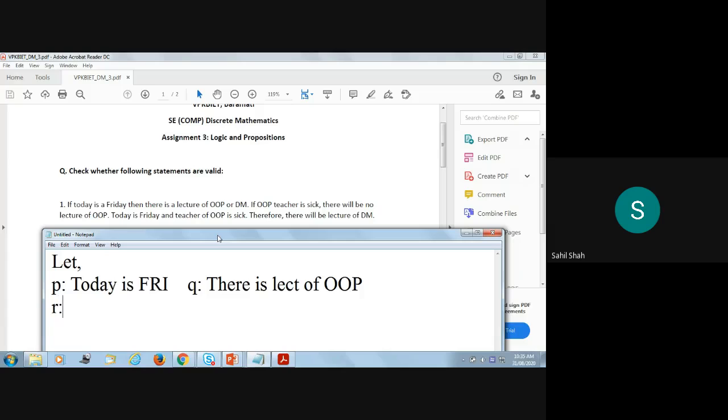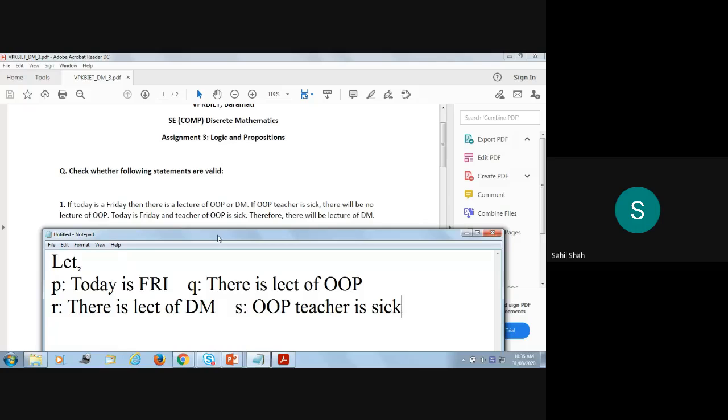R denote a proposition which says there is a lecture of DM. Moreover, it is given S: OOP teacher is sick.